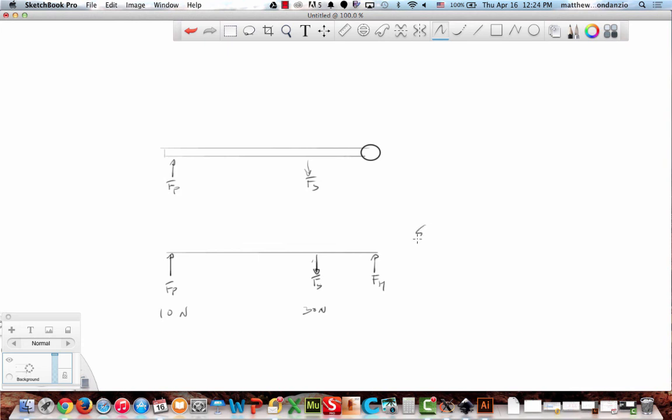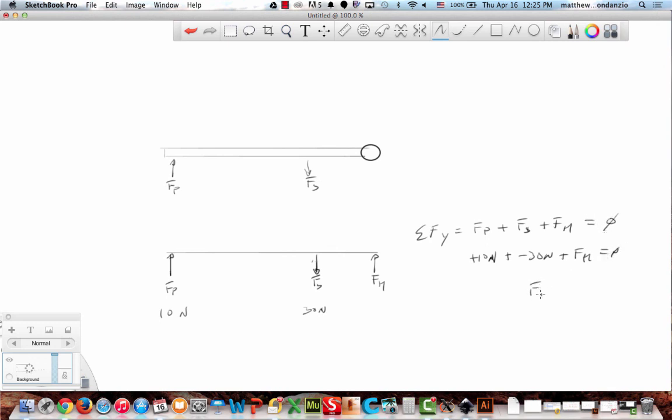Sum of the forces in the y equals, or technically, Fp plus Fs plus Fh, right? And what's the value of Fp? Positive 10 newtons. What's the value of Fs? Negative 30 newtons. What's the value of Fh? So Fh, if it's balanced, the sum of the forces equals what? 0.